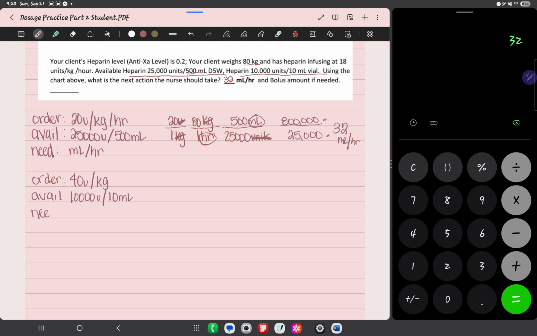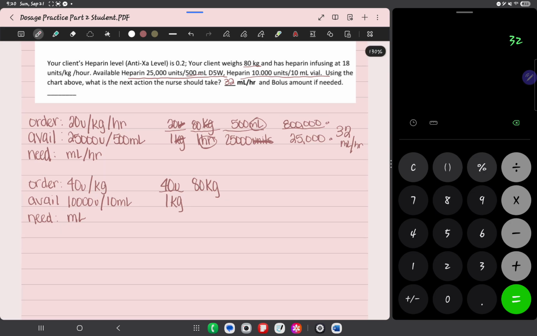And we need the milliliters. So the way I'll set this up is 40 units over 1 kilogram. We need kilograms up here. And we know he is 80 kilograms. I'm just going to put the 1 there, like a placeholder.